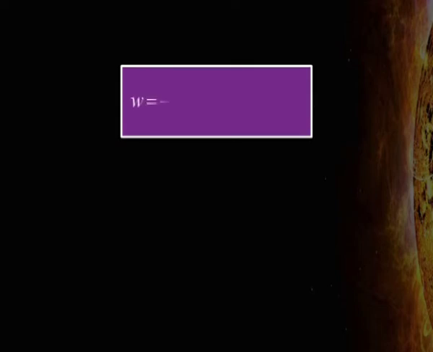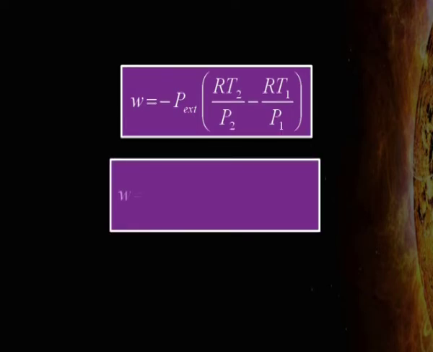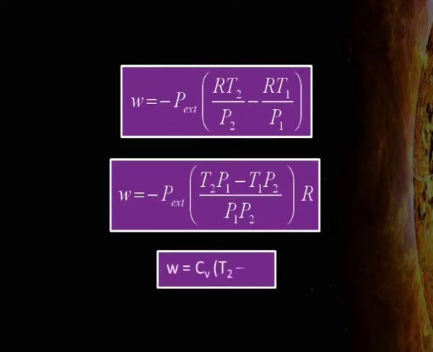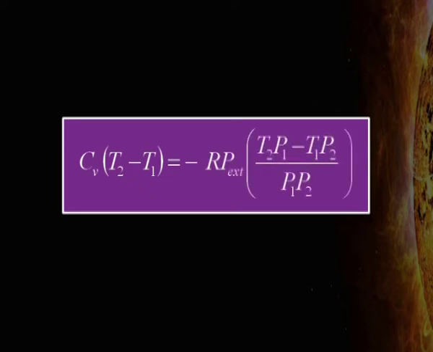Therefore, W will be equal to minus P external multiplied by RT2 upon P2 minus RT1 by P1, which is equal to minus P external (T2 P1 minus T1 P2) upon P1 P2 multiplied by R. As W is also equal to Cv multiplied by (T2 minus T1), therefore, Cv multiplied by (T2 minus T1) will be equal to minus R multiplied by P external into (T2 P1 minus T1 P2) upon P1 P2.